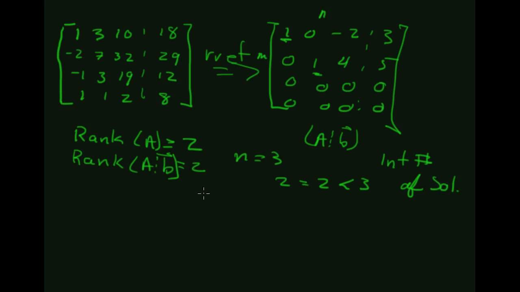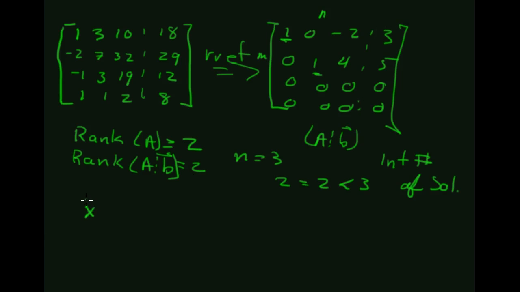Now, I want to note right off the bat, given this problem, if I make all of the free columns' parameters 0, this is going to give me the augmented solution.